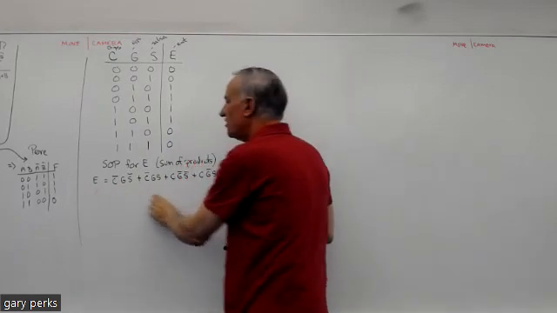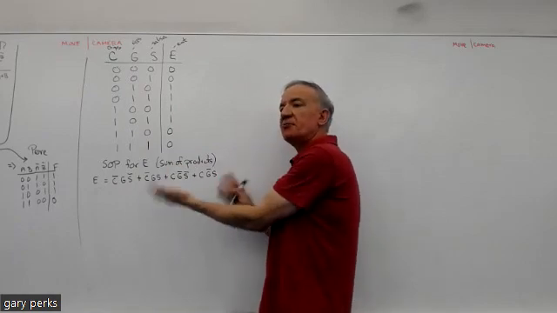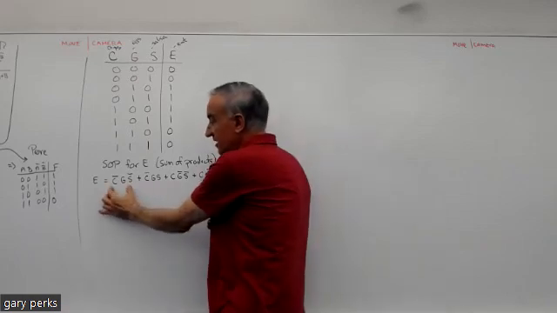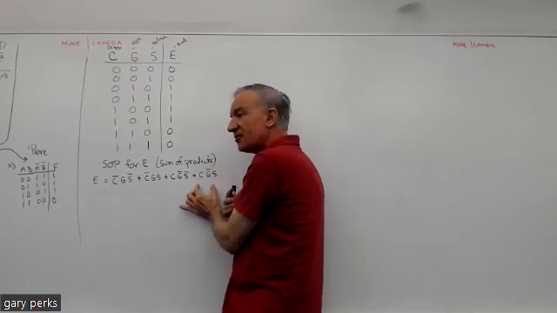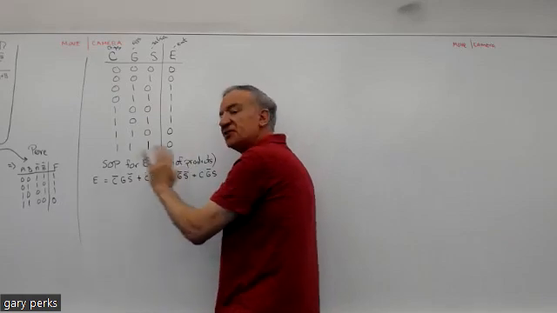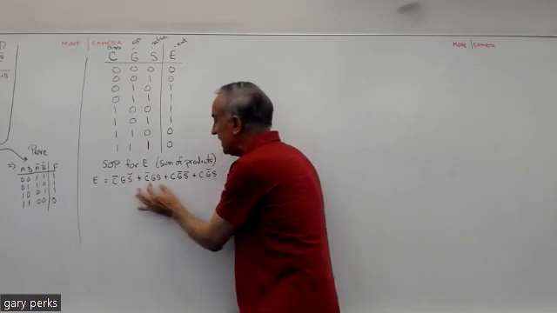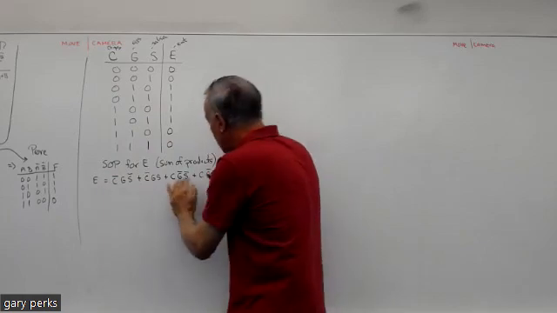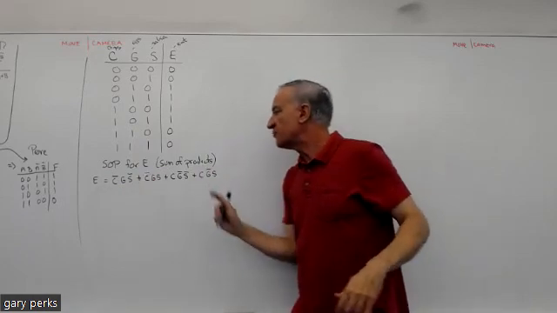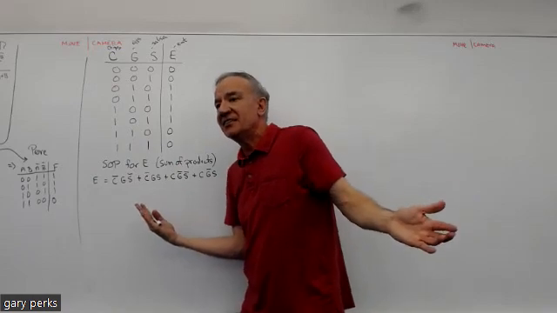Now, the reason they call this sum of products is because if you were to look at this as a base 10 equation, that's what it would look like. These are being multiplied together, and then they're being added together. But that's not what's going on here, because this is base 2. These terms are being ANDed together, and then the terms themselves are being ORed together. We call it sum of products because if you took it as a base 10 equation, that's what it looks like.